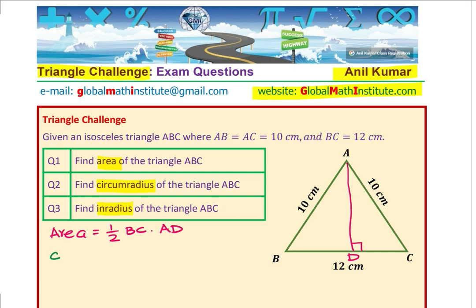circumradius? Now, to find the circumradius, circumradius is a point from where all the vertices are same distance away, right? So you basically find circumradius by a point of intersection where the right bisectors intersect, right?